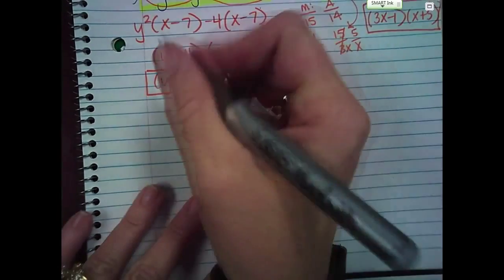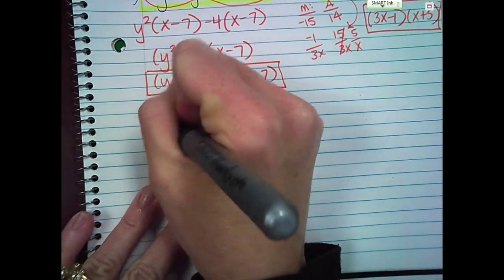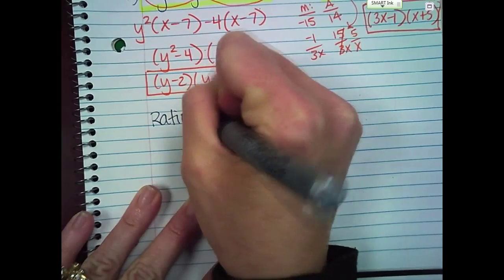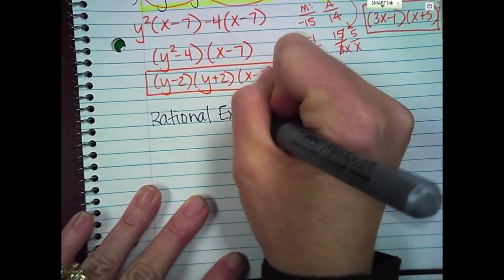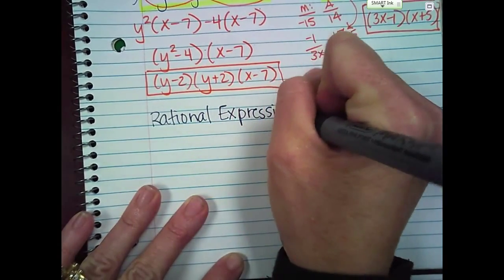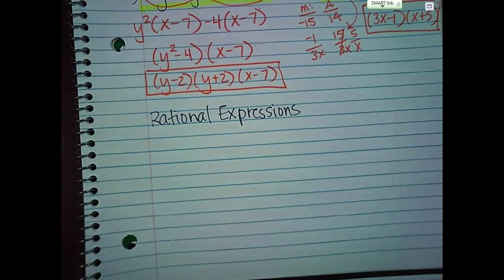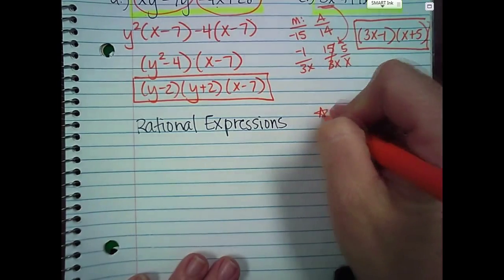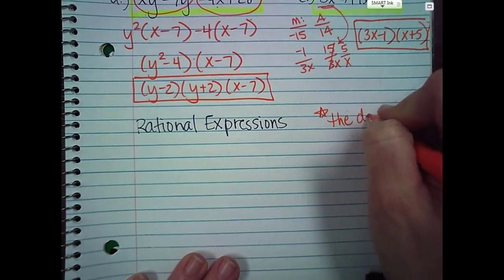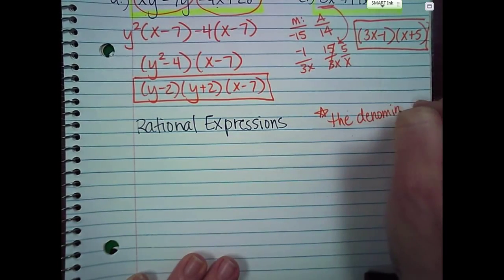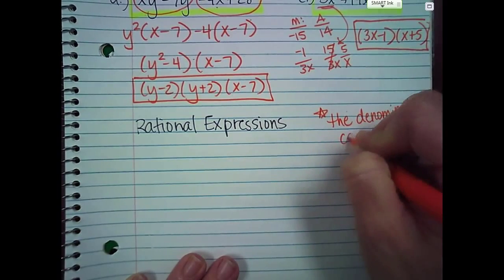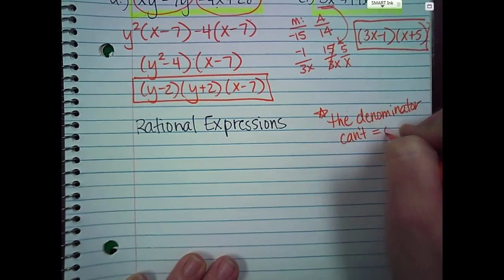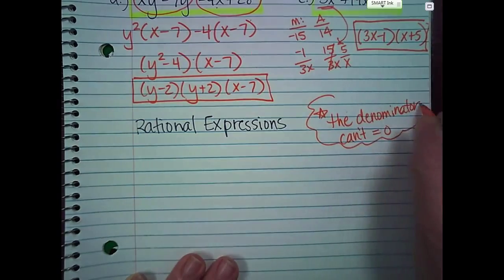So let's simplify. Okay, keep in mind that the denominator cannot equal 0. That's important.